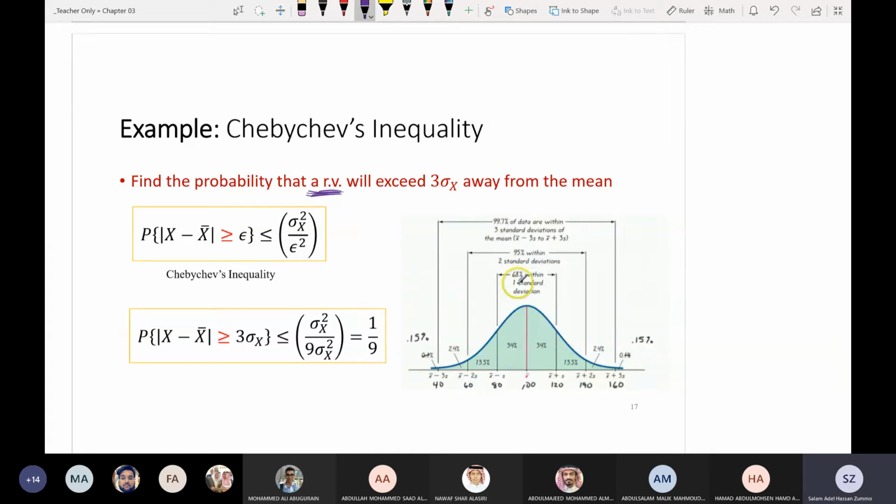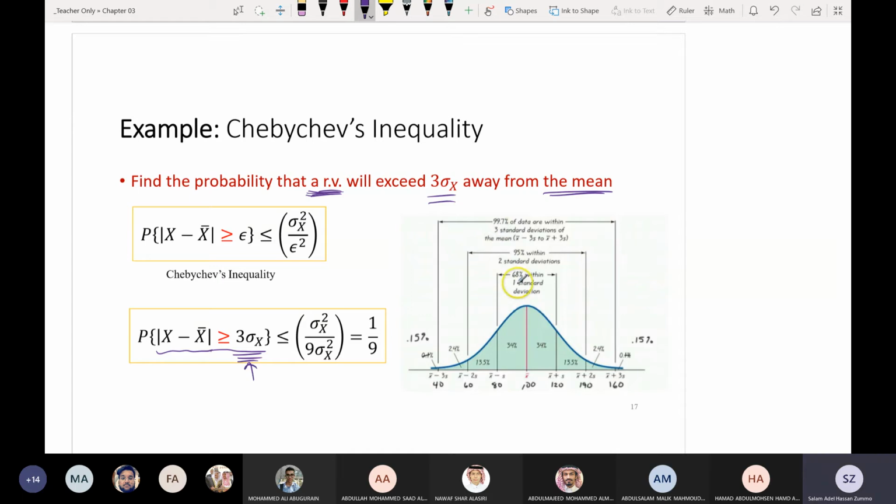Any random variable without knowing the PDF: what is the probability that the random variable will be away from its mean by more than 3 standard deviations?